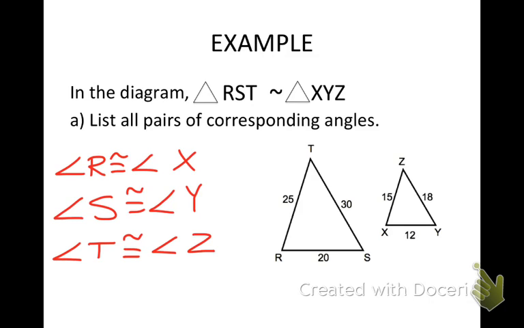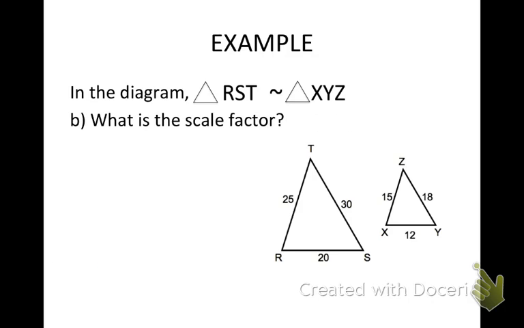There they are. And we're just getting that directly from our similarity statement, just like we did with our congruent statement. So for part B, we want to decide what is the scale factor.